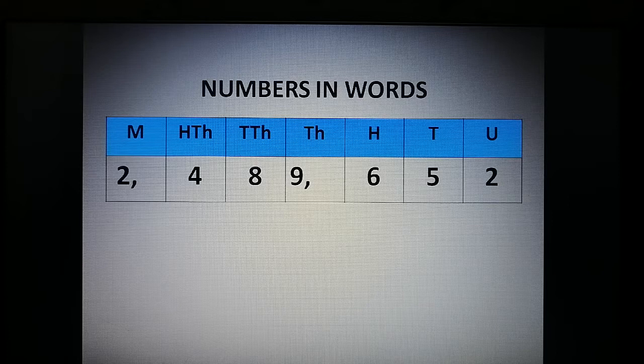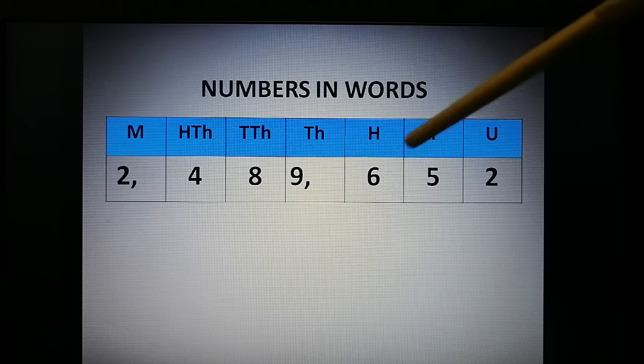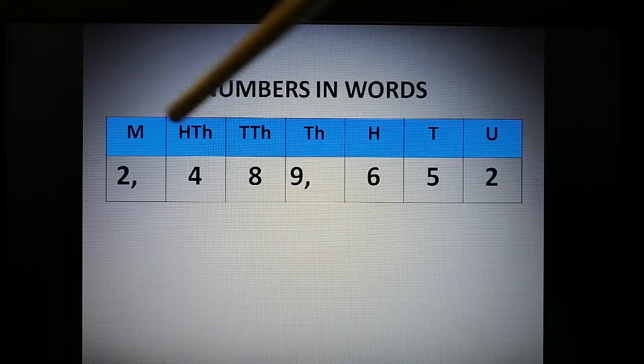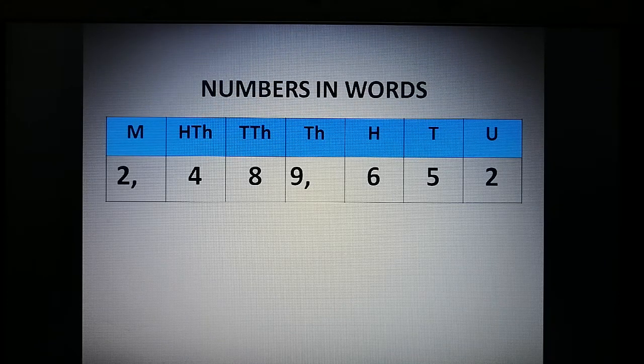Students, it is difficult to write a big number in words, but it is easy to write a small number in words. Like we have a 7-digit number. Count with me: 1, 2, 3, 4, 5, 6, 7. A 7-digit number. It is big, yes, so it is difficult to write in words. No. We have a trick.